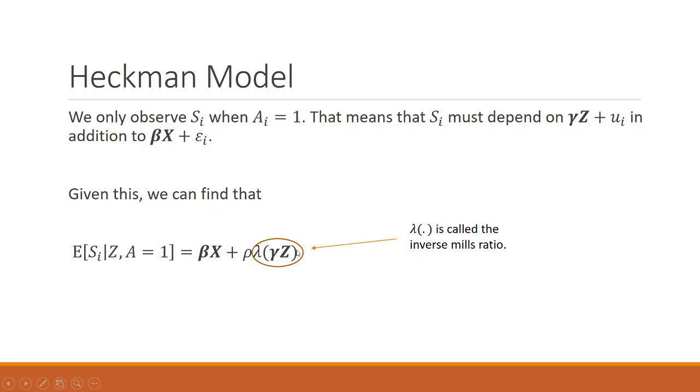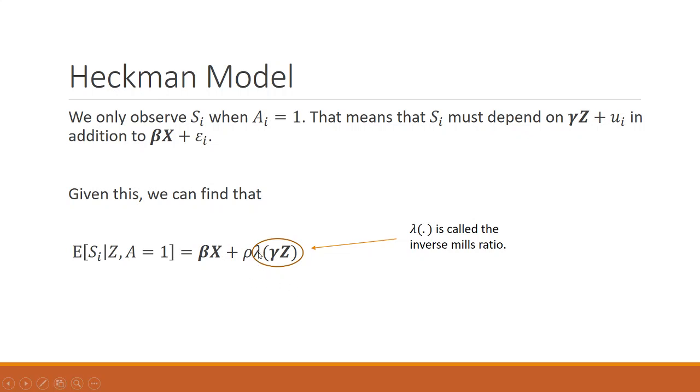So it's also a function of gamma z, the variables that determine the selection decision. Rho here is a coefficient. This lambda of gamma z is called the inverse Mills ratio. To learn more about it, check out chapter 17.